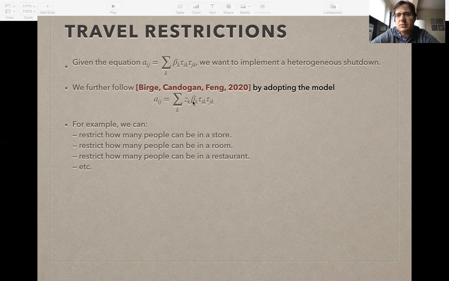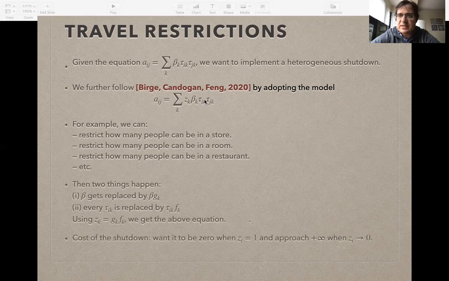How does this happen? Well, for example, when you put a restriction on density, you limit how many people can be inside a store. What you're actually going to do is make things less transmissible, so you're going to multiply this beta_k by some factor.